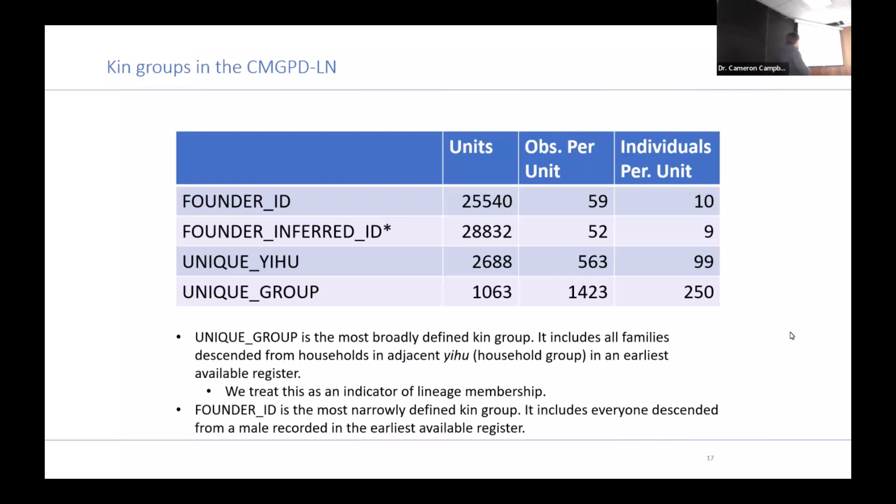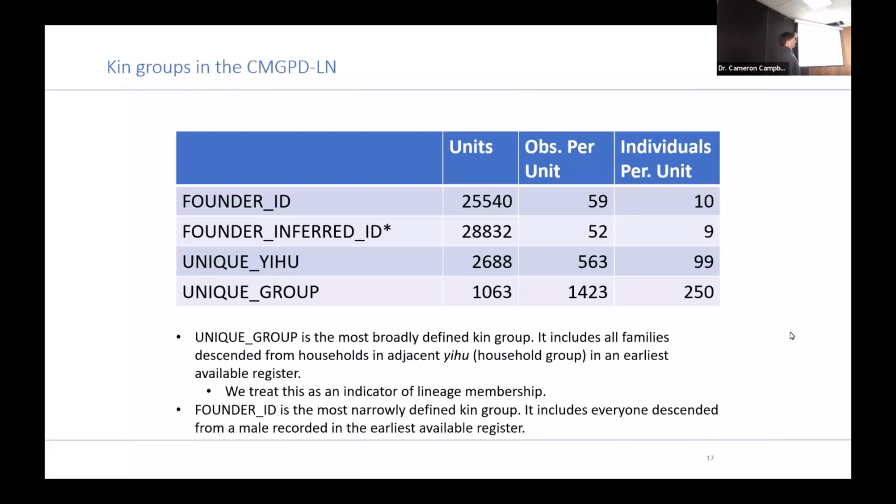So you can look at it like layers of an onion, or you can dive in, and there are 25,000 patrilines that you can define by descent from an actual individual recorded in the registers, like in the earliest available register in 1749. And then we aggregate those.